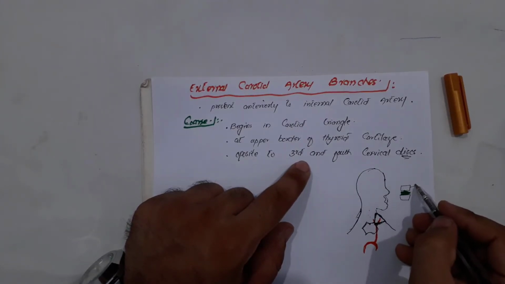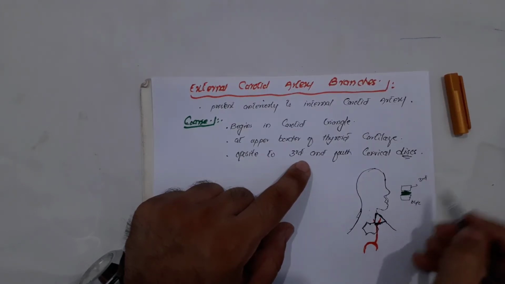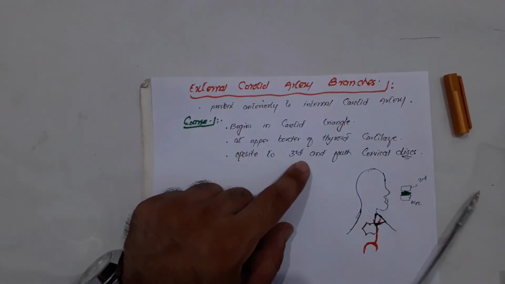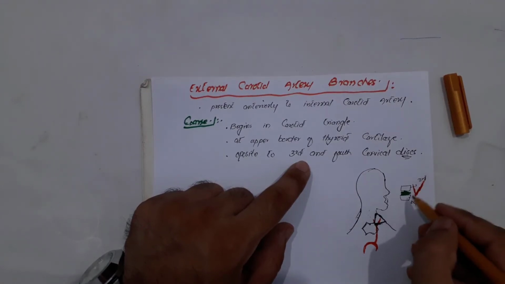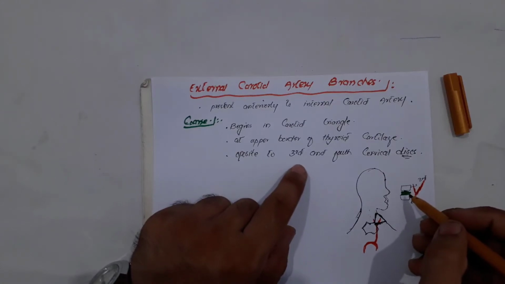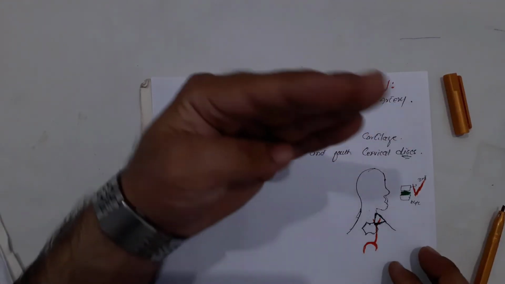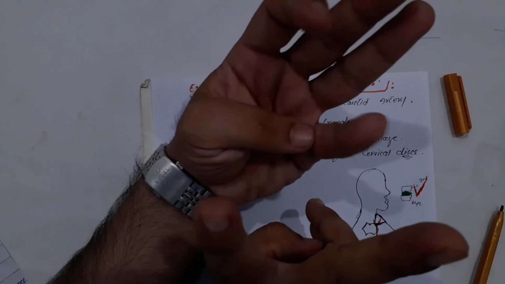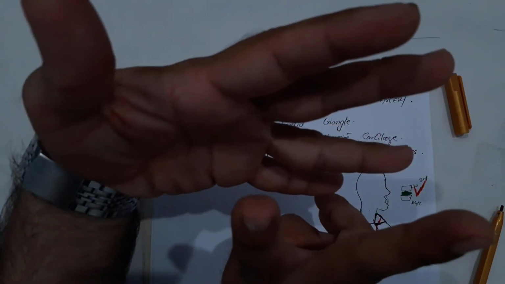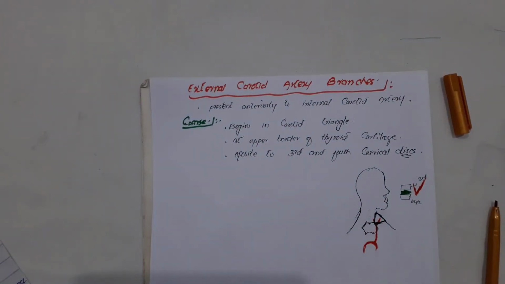If this is the third one and this is the fourth one, the external carotid artery will begin from here, right? This will be internal, so this is the external. So it begins opposite to the third and fourth cervical discs. Posteriorly there are cervical discs, anteriorly there will be the division. So the third and fourth cervical vertebrae discs are the origin point for the external carotid artery.